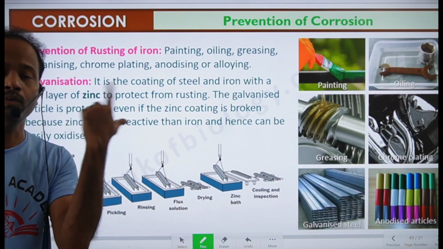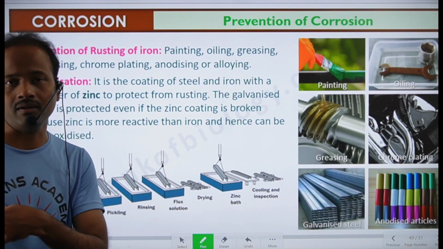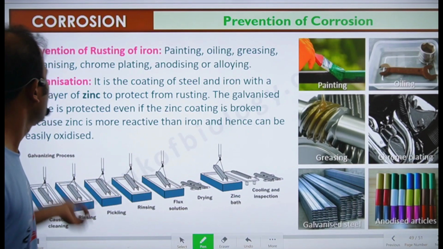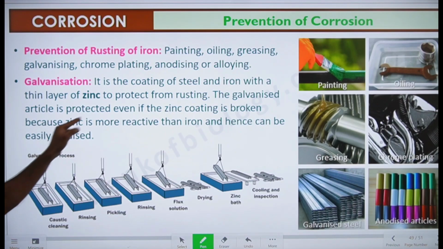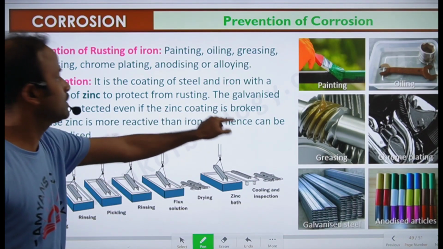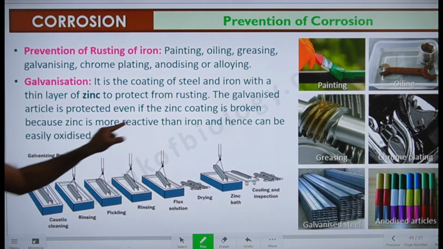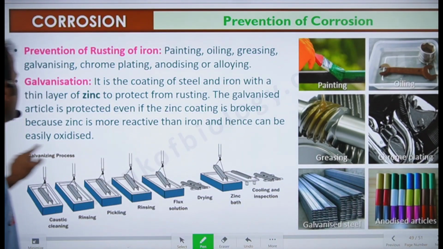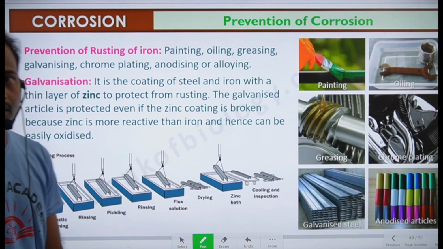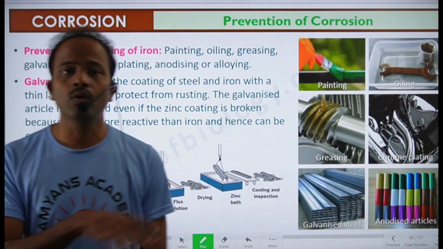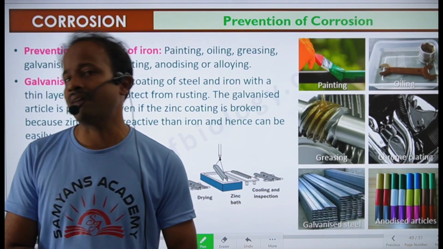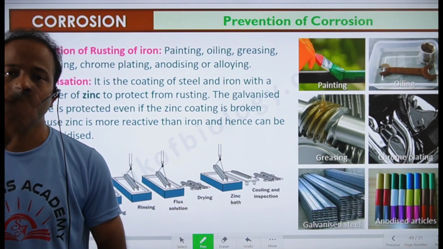Zinc has higher reactivity than iron, so zinc will corrode first. So in this process we protect the iron. The galvanized article is protected even if the zinc coating is broken, because zinc is more reactive than iron and hence can be easily oxidized, right? We are coating a high reactivity metal on a low reactivity metal. So iron has low reactivity compared to zinc.